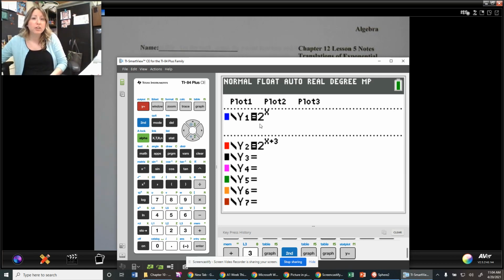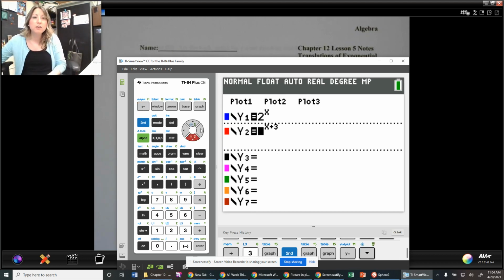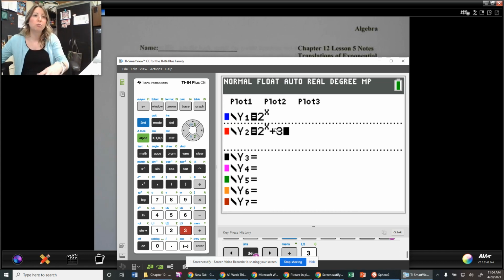Now, let's make the next change that we were asked to do on our paper. Instead of the exponent having the change, I'm going to go up in my exponent and delete. Notice I've got this arrow, so I can come out of this and press +3. Now, instead of the exponent being changed, I'm actually going to add 3 to the end of the equation.